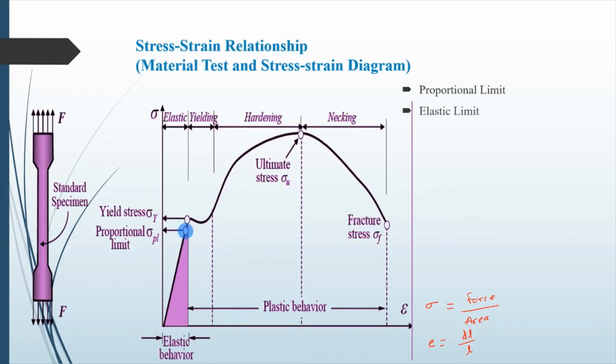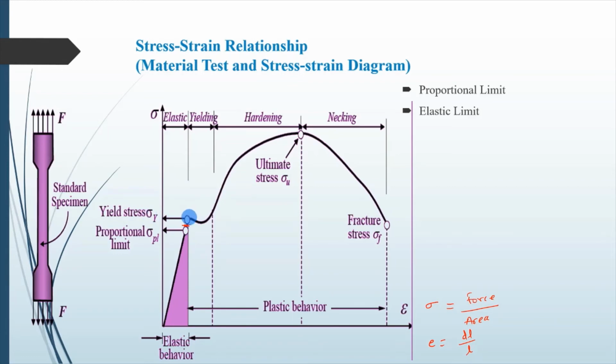Here on this curve, we are not observing the elastic limit. The elastic limit is the point up to which we get complete retraction of the size and shape after removal of load. That will be available after the proportional limit, and below the yield point.